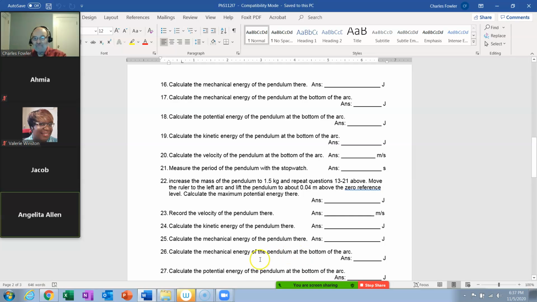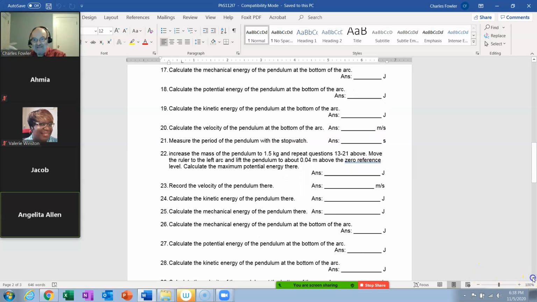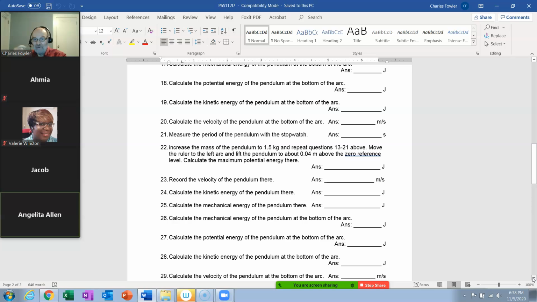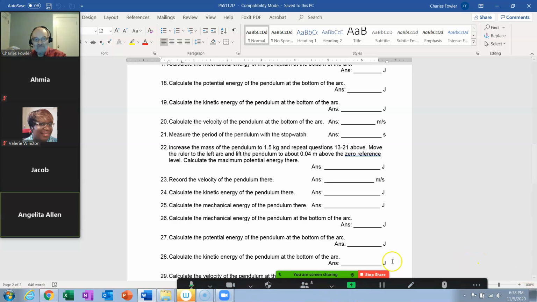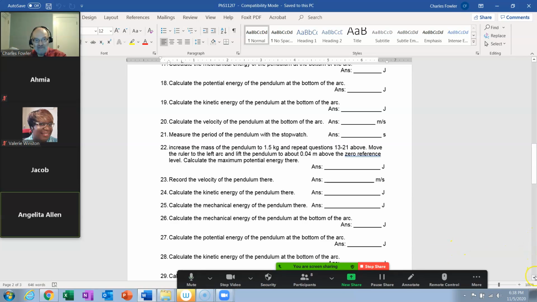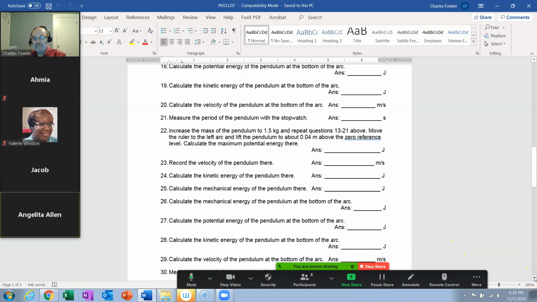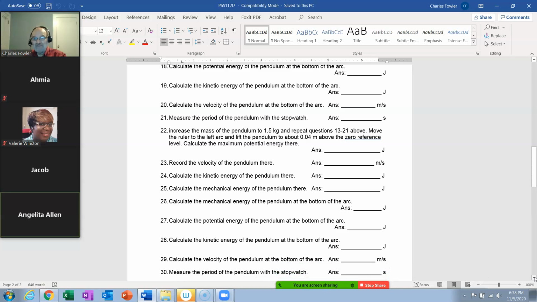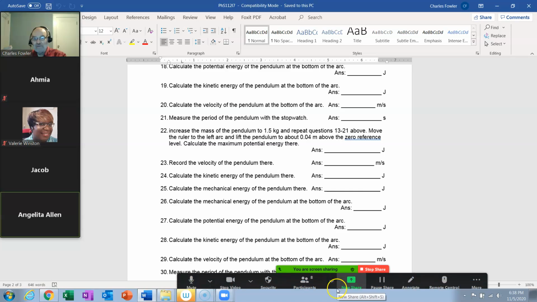And what's the potential energy at the bottom of the arc? 0. Exactly. So what is the kinetic energy at the bottom of the arc? 0.588. Okay.